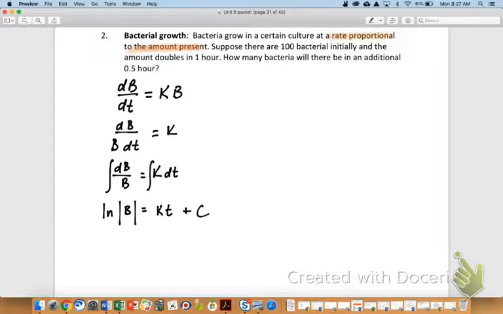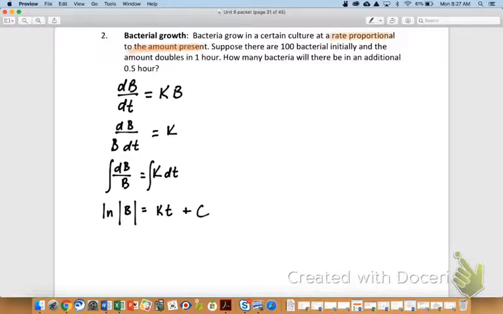Okay, so this is where your calculators are going to come into play here. So let's find our c value first. Does anybody see an initial condition that might help us with our c value? There's two different initial conditions here. What do you see? 100 bacteria initially.